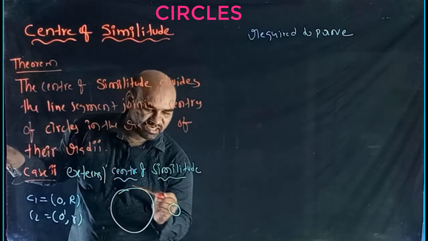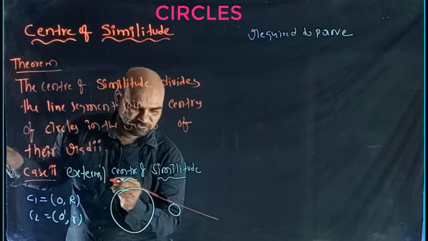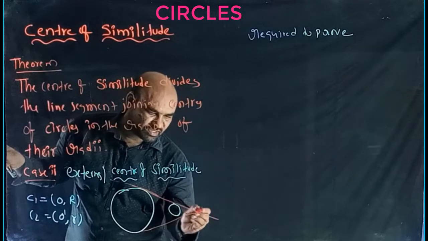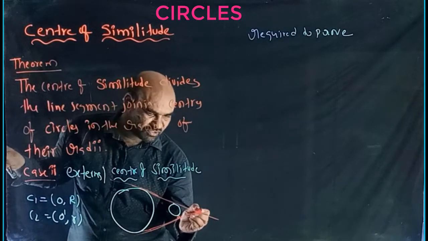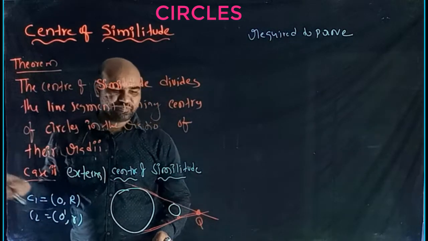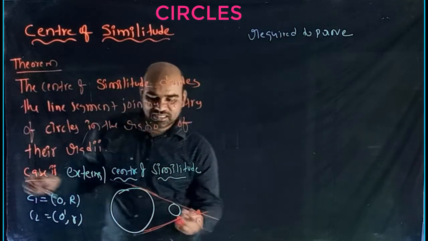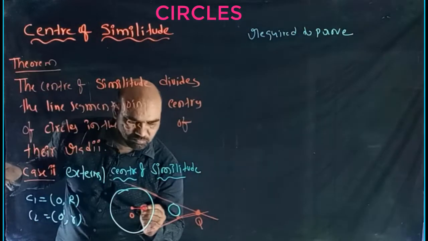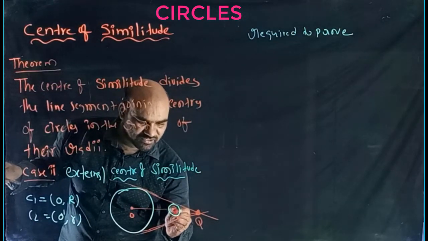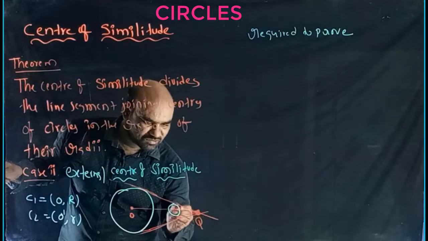This is one of the direct common tangents. This is another direct common tangent. They meet at Q. Now you want to show that Q divides the line segment joining their centers in the ratio of their radii.